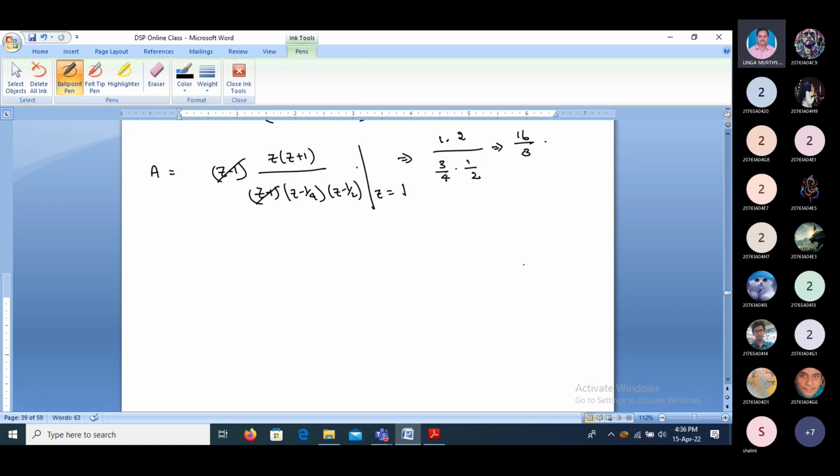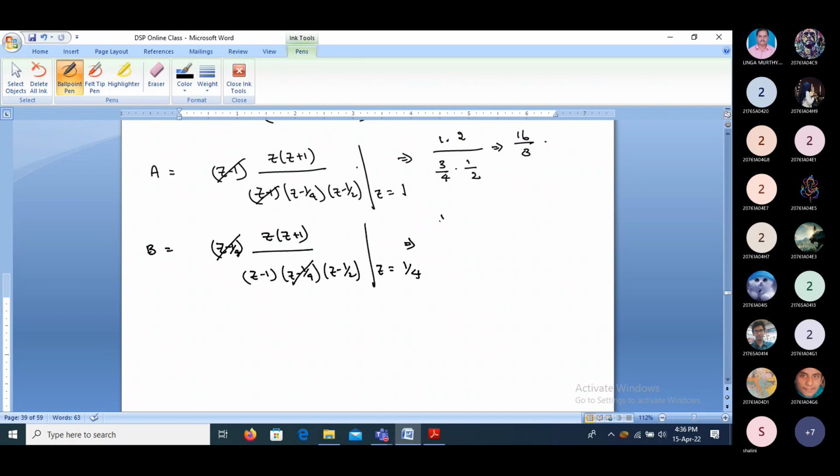Okay, this is for A value, and similarly for the value of B, it is (z minus 1/4) times (z plus 1) divided by (z minus 1)(z minus 1/4)(z minus 1/2) at z equal to 1/4. So z minus 1/4 gets cancelled.